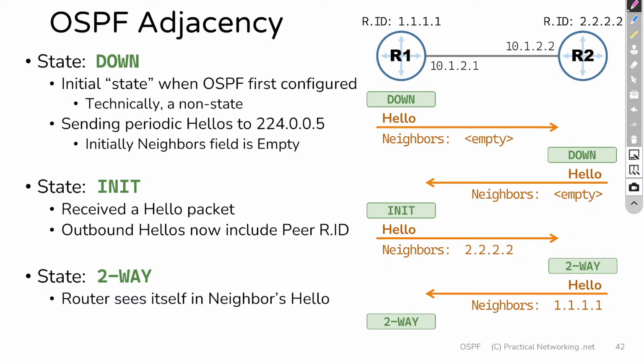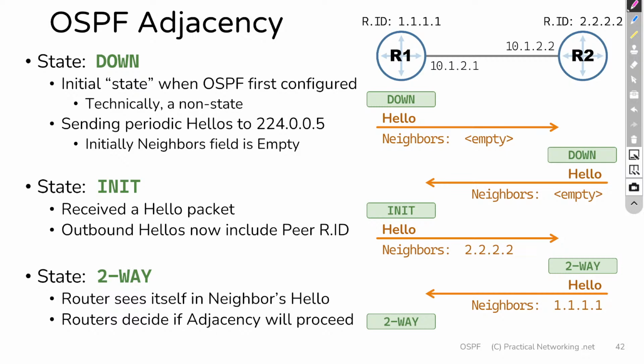That's perfectly normal because two-way happens when you see yourself in the OSPF hellos of your neighbor, and the first thing that router 2 did is it saw itself, therefore was able to go directly to two-way state. Whereas router 1 received a hello packet with an empty neighbors field, so it went to init state, and then once it saw itself in the hello packet's neighbors field, it then goes to the two-way state. Those are the first three states that we are talking about. Well, four if you talk about attempt as well.